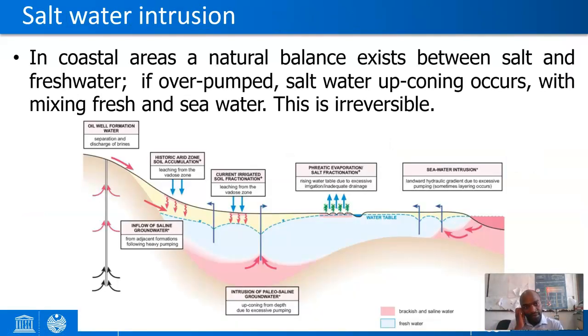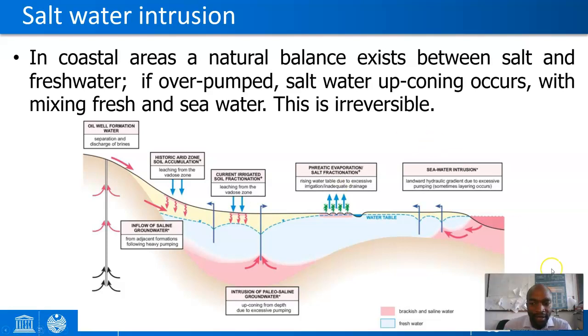Okay, the case of saltwater intrusion is typically twofold, right? It can obviously happen in coastal areas. Now, coastal areas have got a natural balance between existing salt and the freshwater environment, so to speak. Now, if overpumped, saltwater upconing occurs, which mixes the fresh and the salt water. And obviously, this tends to be irreversible, right?